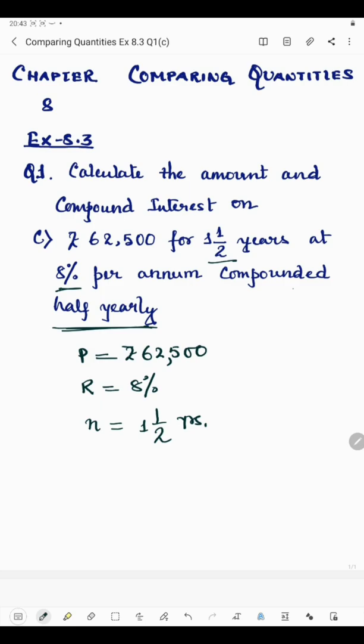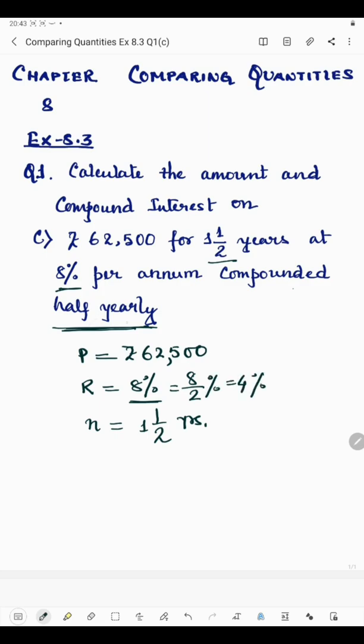Here we are finding the compound interest half yearly, which means interest will be charged twice in a year. The 8% given to us is the rate of interest for the whole year, and since we are finding for half of the year, it will be half of 8%, which is 8/2, which is 4%.